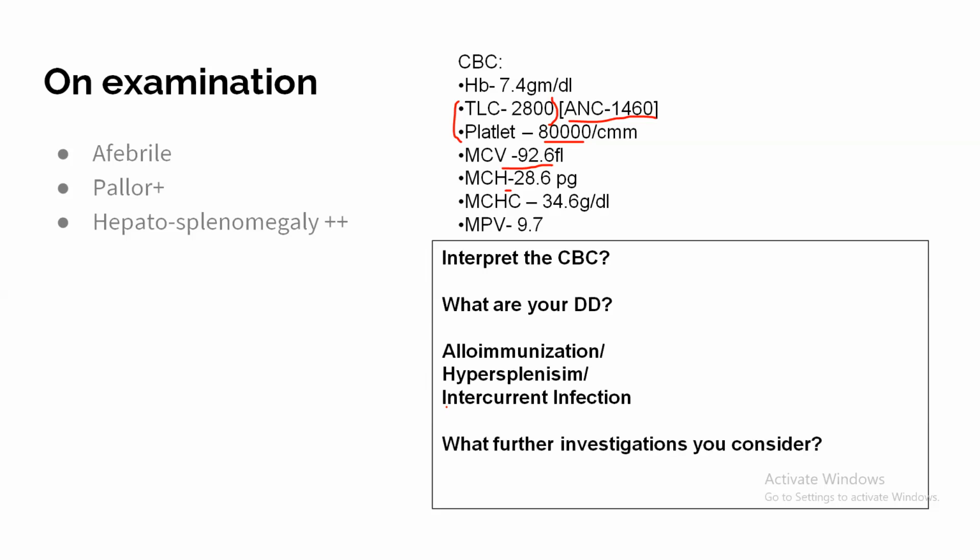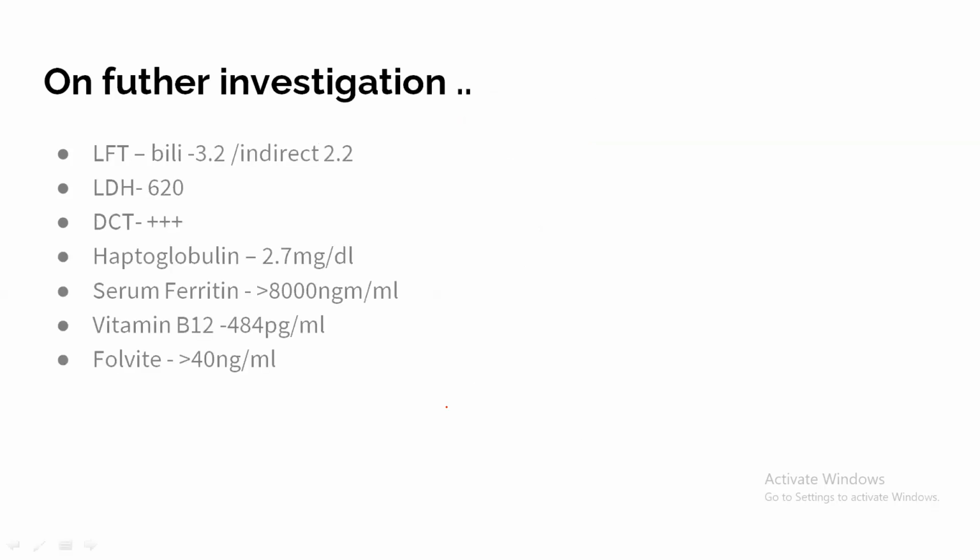What further investigations do we need to order to label this child as having alloimmunization or hypersplenism? We need to look at the LFT, basically whether there is any hemolysis or not. You must know as a physician, when dealing with hemolysis, you have to document indirect hyperbilirubinemia, you should have a very high retic count, and your haptoglobin must be less than 10.